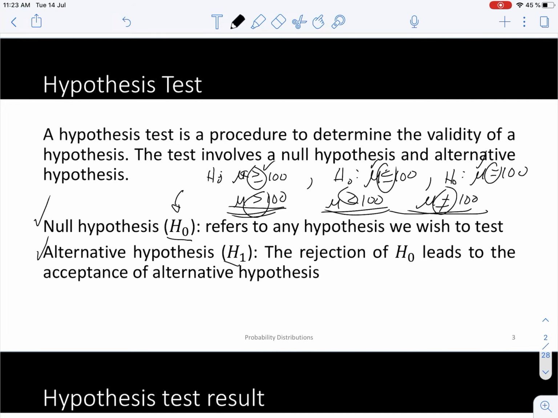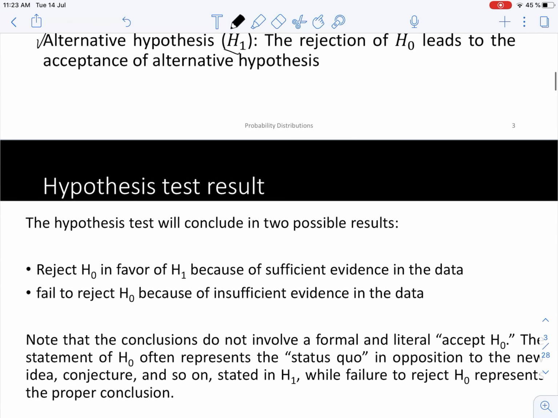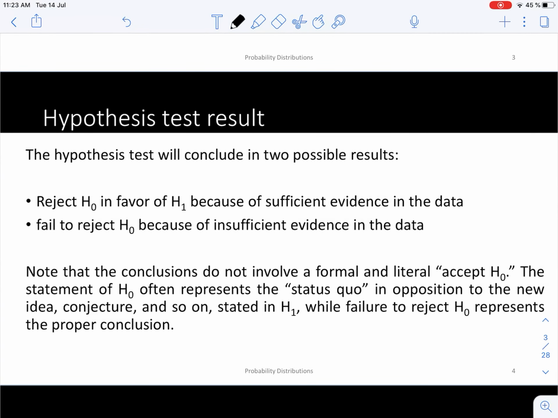Alright, so let's try to analyze how the conclusion works in the hypothesis test. So there are two possible results. Once we have set the hypotheses, there are two possibilities. First, we reject the null hypothesis in favor of the alternative hypothesis.